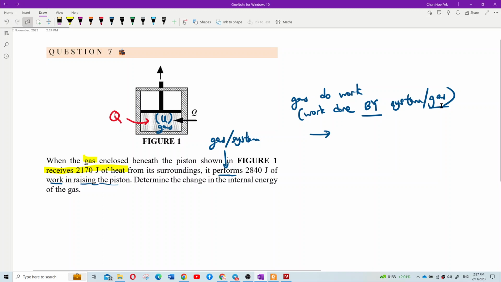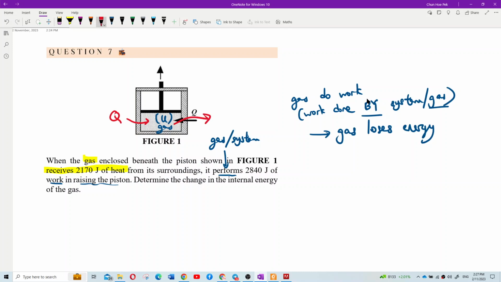If you do work, you lose energy, isn't it? The gas loses energy. That means energy escapes.